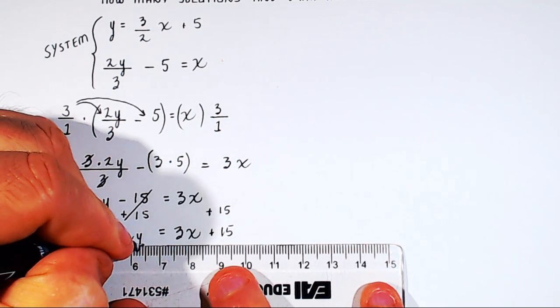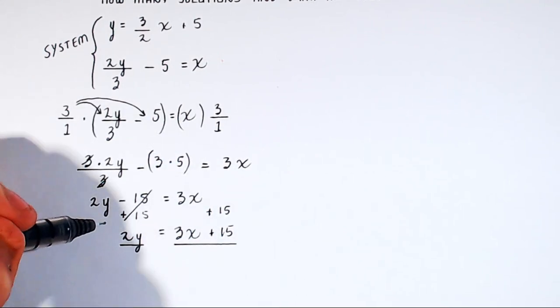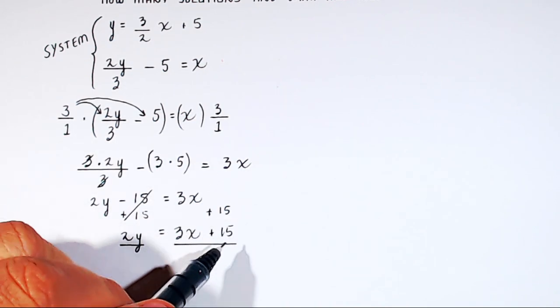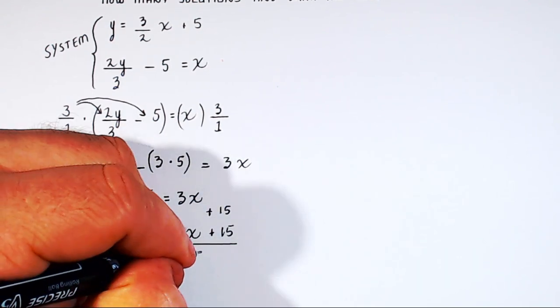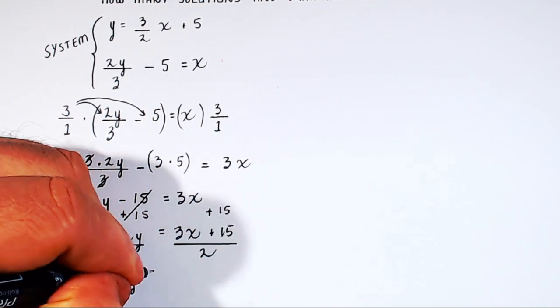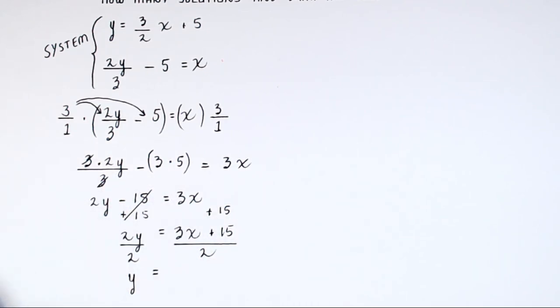Now divide out the 2 on both sides. Remember, when I divide out a number on the left, I have to divide the entire right side by that number. So I'll divide by 2. And now I have y equals 3x plus 15 divided by 2.